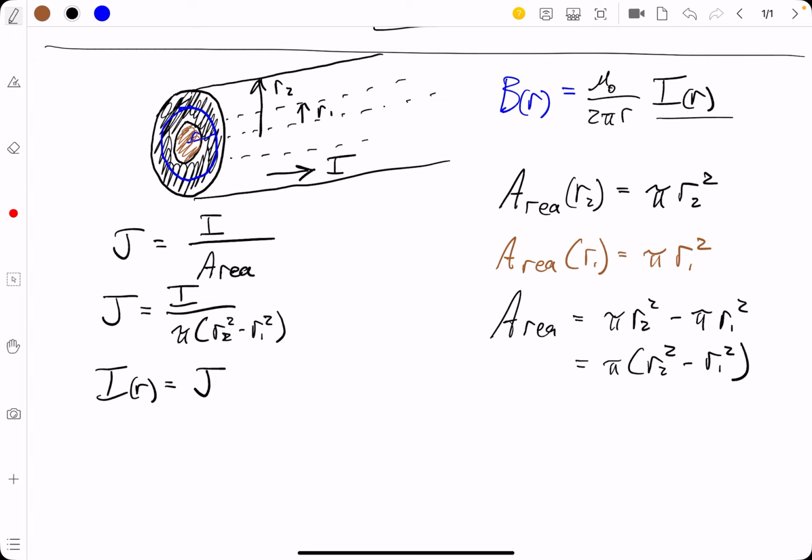So I'll put area as a function of r. Okay, so area as a function of r, what is that? So we have the same thing. We have area(r), and that's equal to pi r squared, but that also includes that green area, which we have to subtract out.